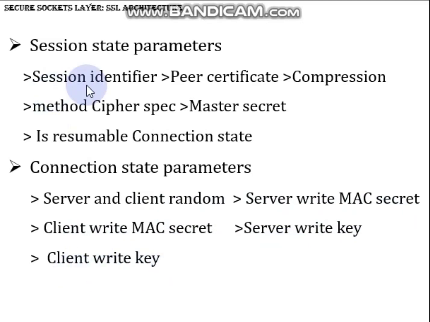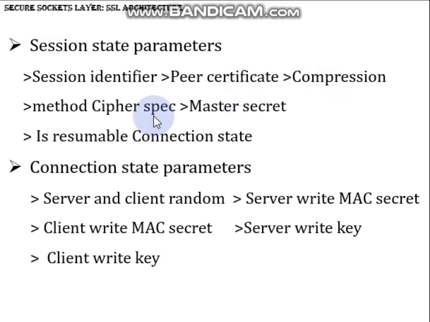Session identifier: an arbitrary byte sequence chosen by the server to identify an active or resumable session state. Peer certificate: an X509.v3 certificate of the peer. This element of the state may be null. Compression method: the algorithm used to compress data prior to encryption.